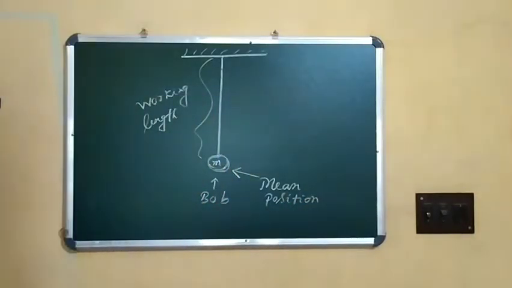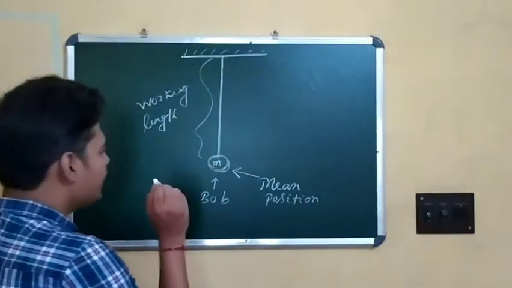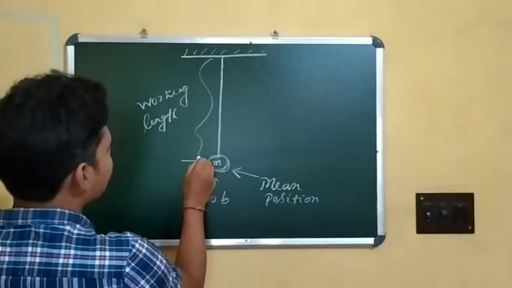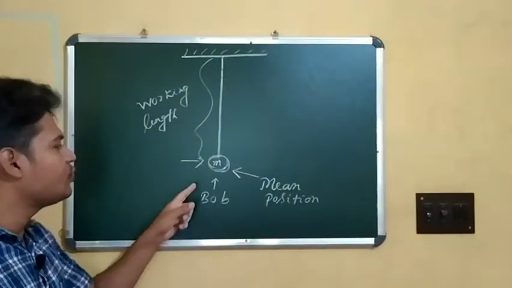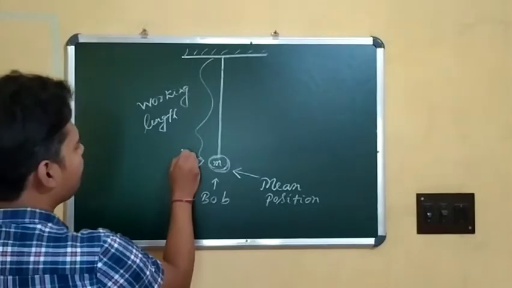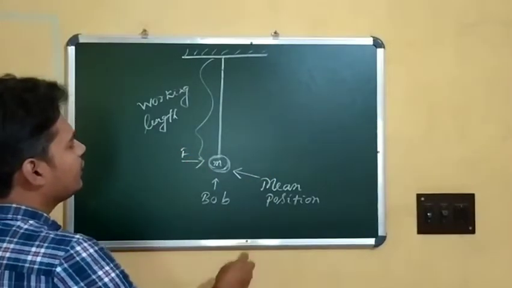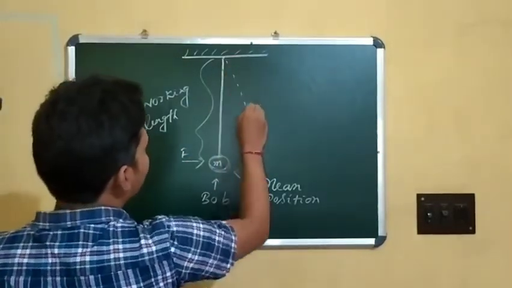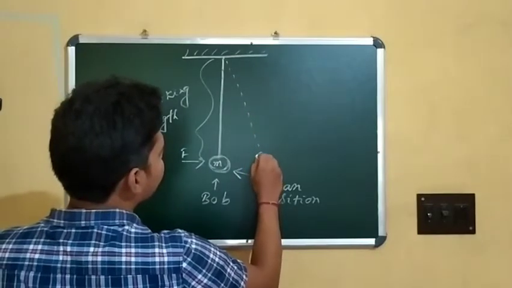Okay. Now if you apply a force on this bob, then it will be displaced. If you apply force F in this direction, then this bob comes to here.